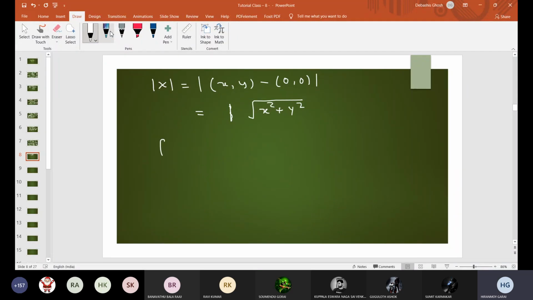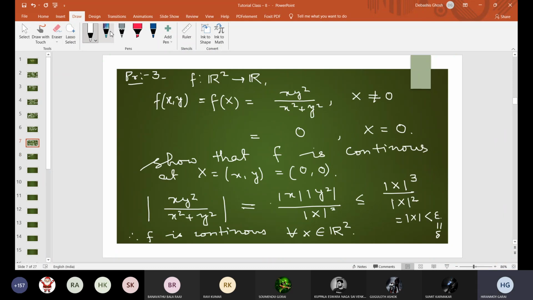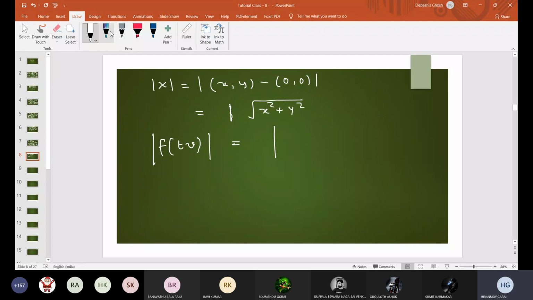So we have f of t v. For that we have f of t v minus 0, which comes to the modulus of t x times t y square over t square times x square plus y square.